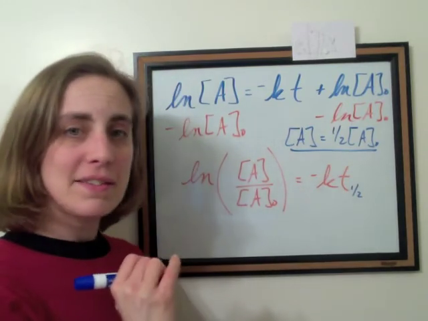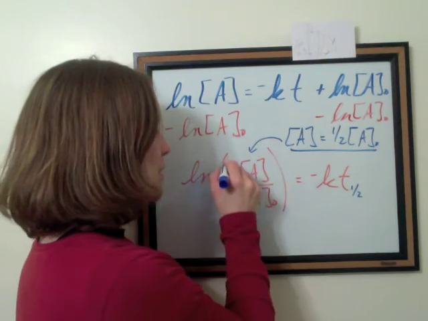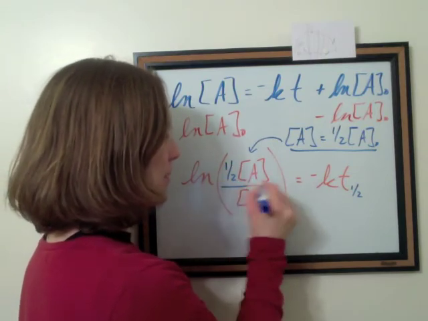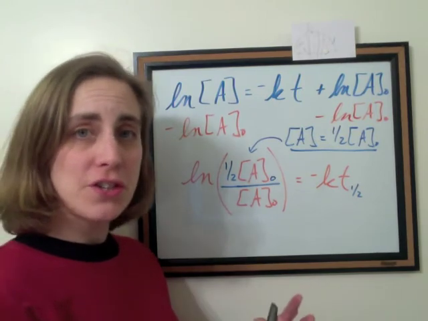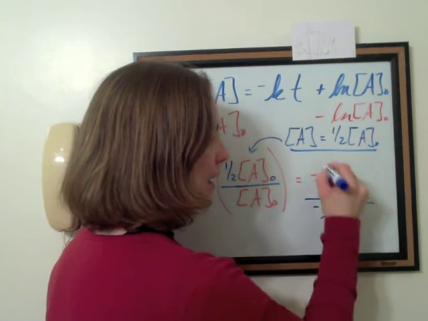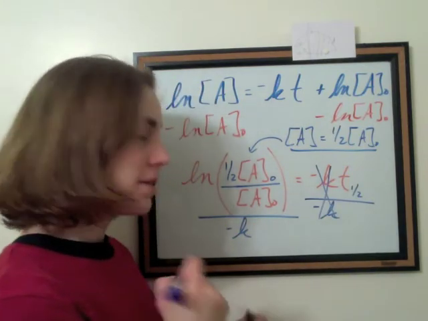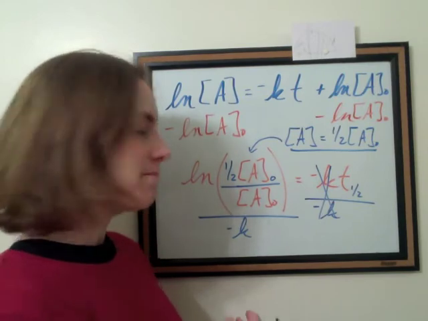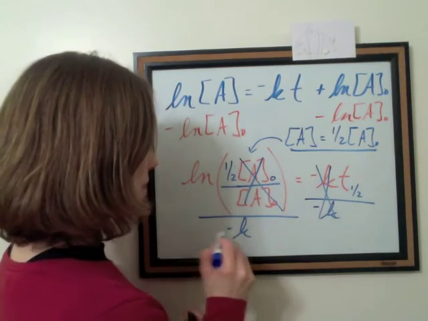Well, that's handy, because now I can take that and put it in there. So, I'm going to add 1/2 over here, sub 0, because now we're talking about 1/2 of the original concentration. I'm going to divide both sides by negative k to get it on this side of the equation. And now I'm going to make it look pretty. So, scratch that out.